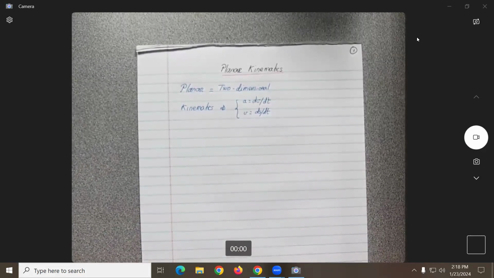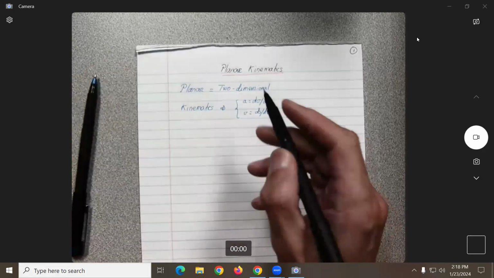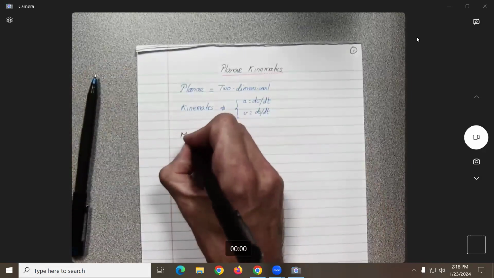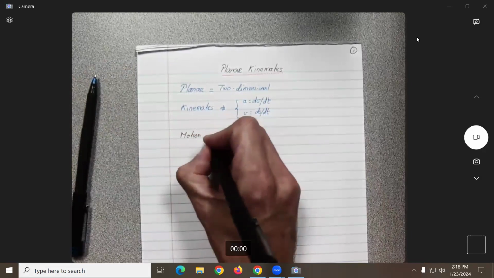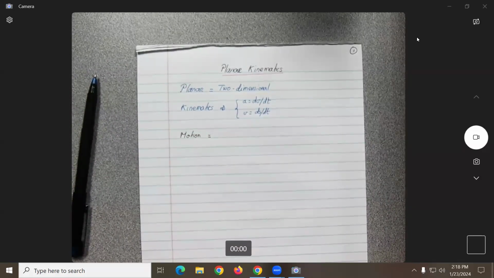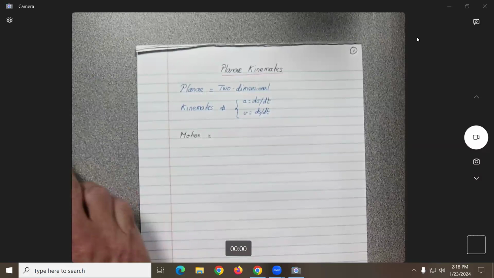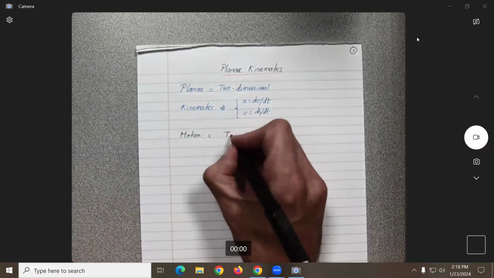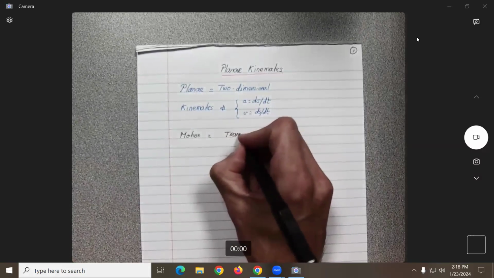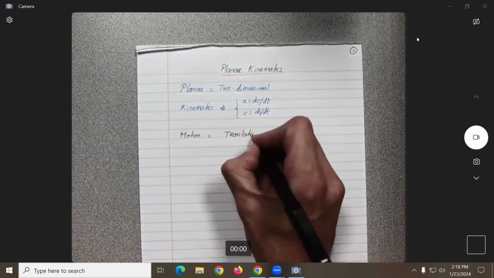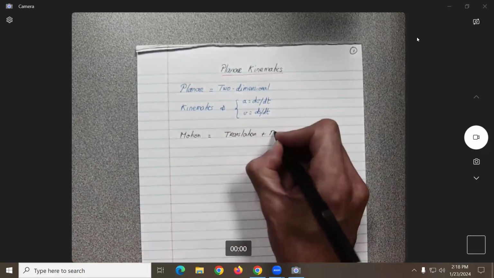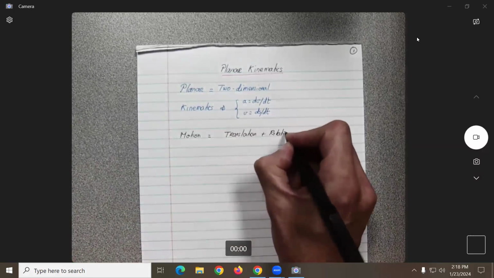Something that we have talked about before is that if we want to study the motion of a particle, a rigid body, an object, whatever you want, we can, in most cases, break the motion into what? Into translation plus rotation.